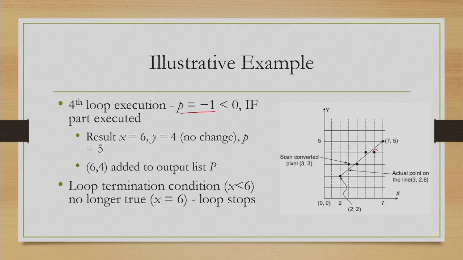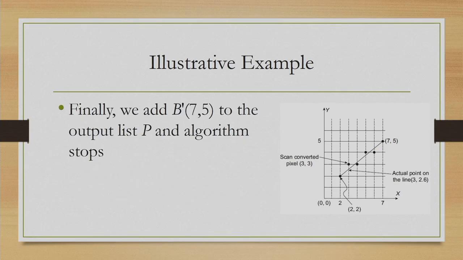So, we choose the lower pixel, add the pixel to the output list, and now we see that we have reached the other end point. So, we stop the loop and add the other end point into the list. That is our last step.